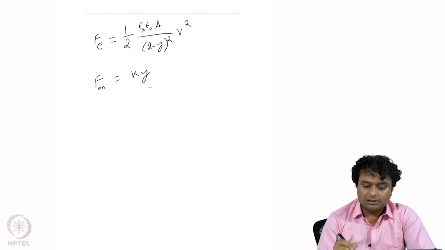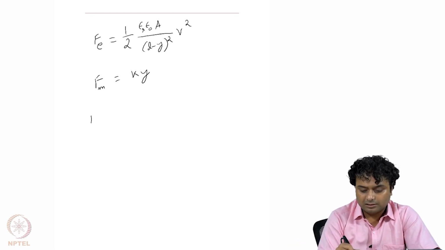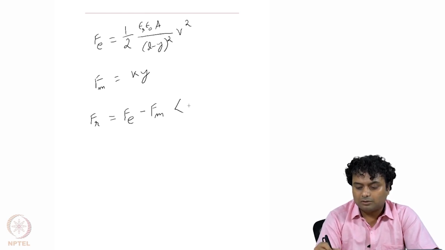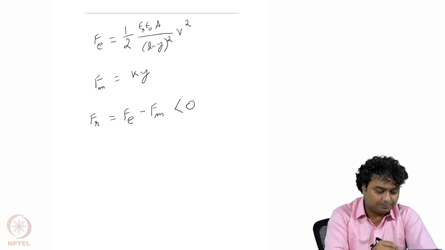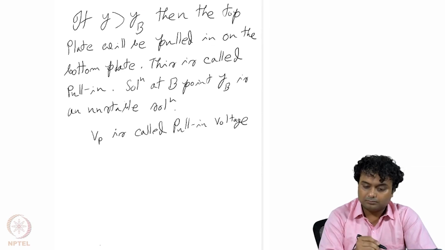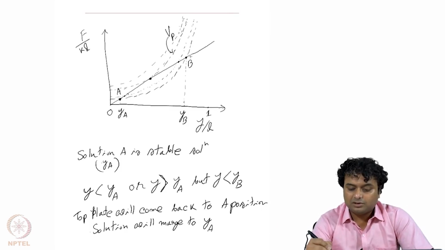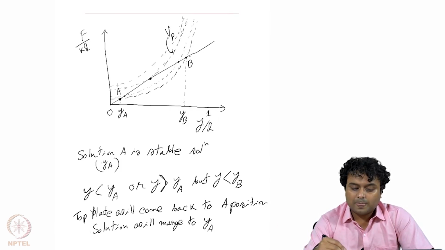The first condition is that the resultant force, let us say R, equal to F electrical force minus F mechanical force, will be less than 0, because if we go to this previous graph, for the topmost curve, you see the electric force is always higher than the mechanical force.